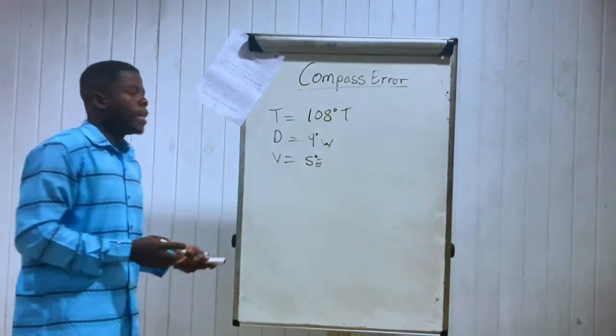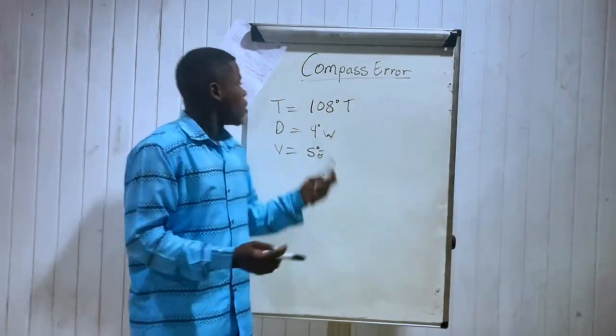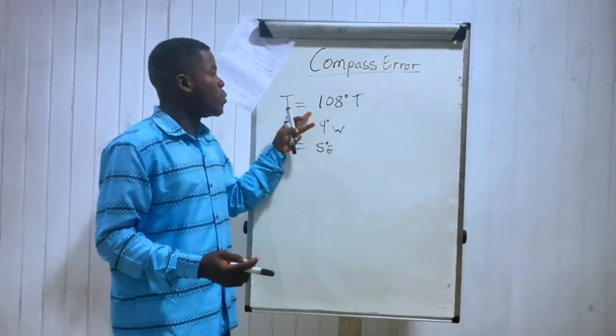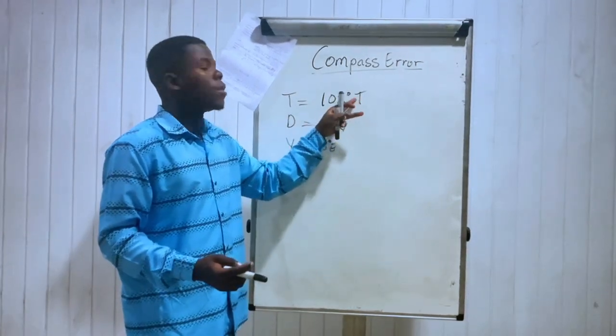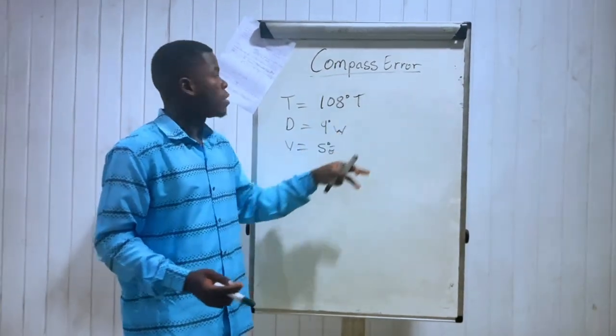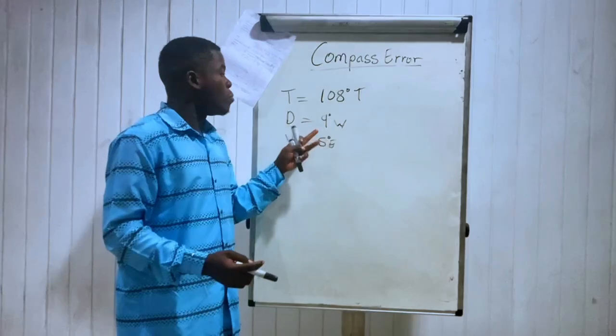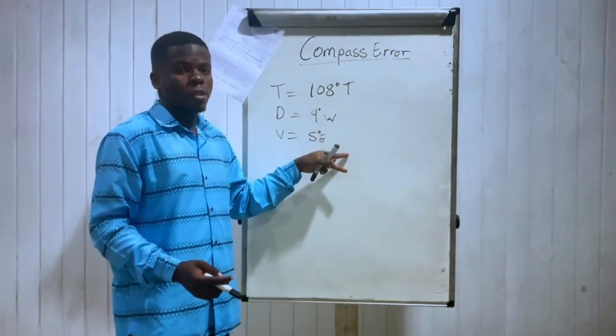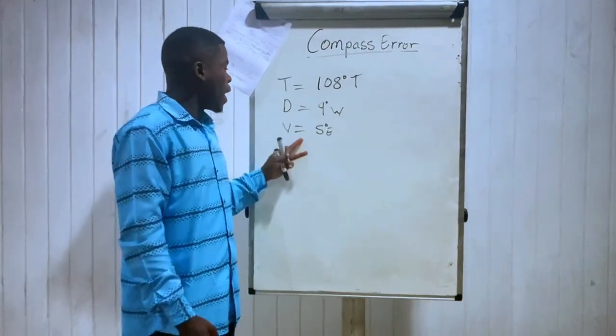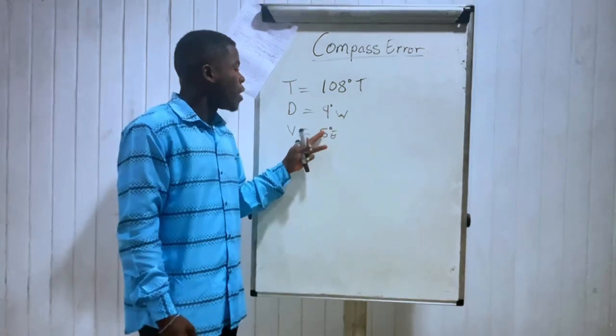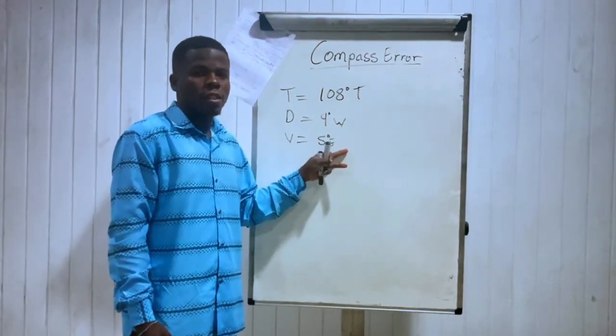Okay, with this, we have our true to be 108 degrees true, and we have our deviation to be 9 degrees west, and we have our variation to be 5 degrees east.